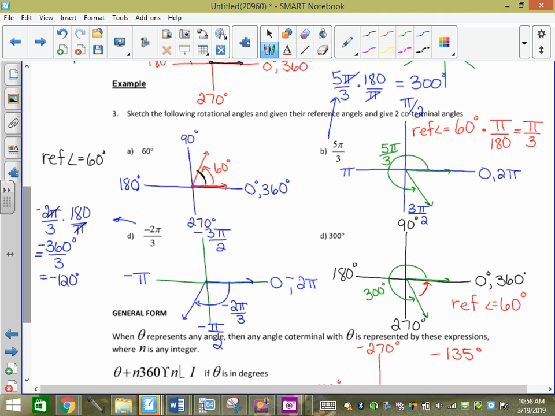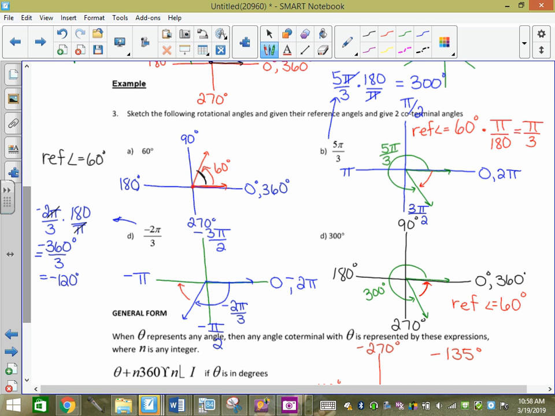60 is pi over 3, 30 is pi over 6. You'll memorize those as well. 45 is pi over 4. Right? So your reference angle is pi over 3. This one is how far away from the x-axis? I was at 120.